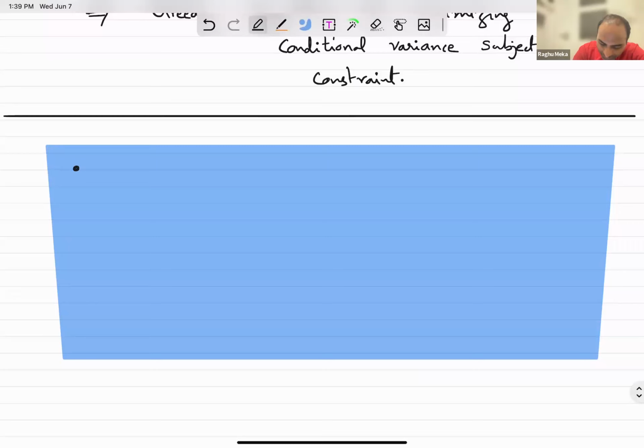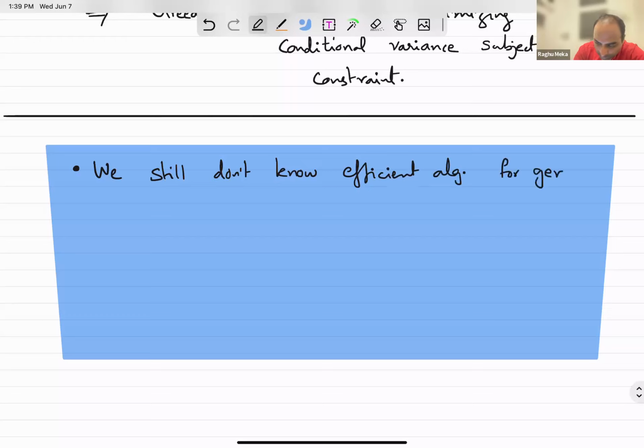So we still don't know... the big open problem is to design an efficient algorithm which can learn any sparse GGM.